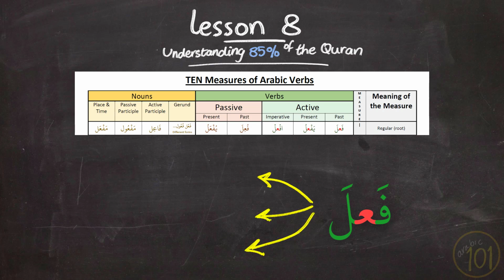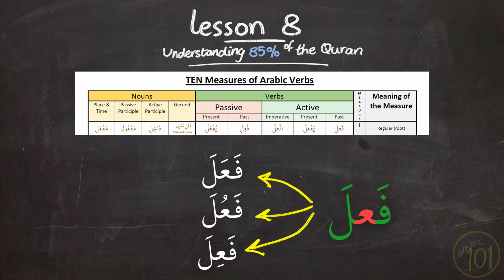In other words, this letter can take all 3 short vowels: fatha, dhamma, and kasra. So each combination of these short vowels will represent a certain variation, and each variation will have a number of verbs that belong to it and should be learned and studied together.